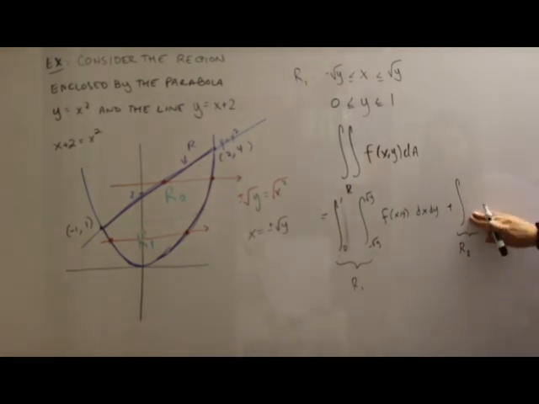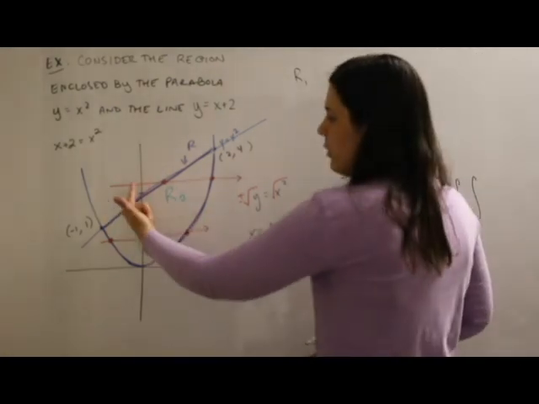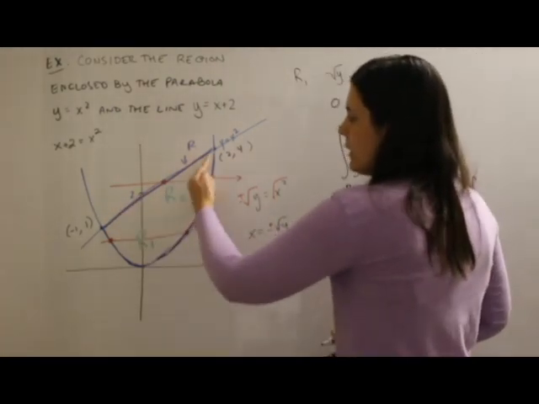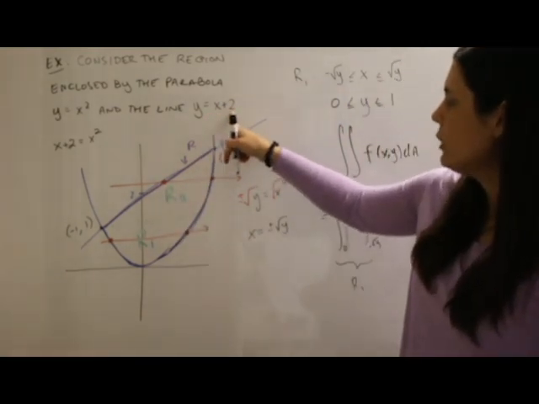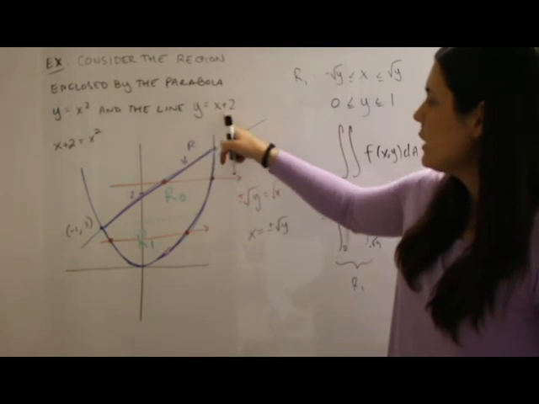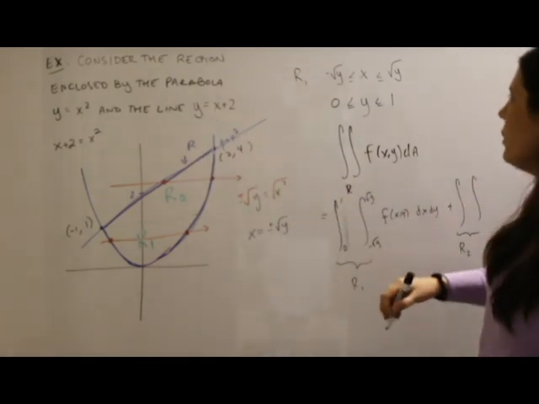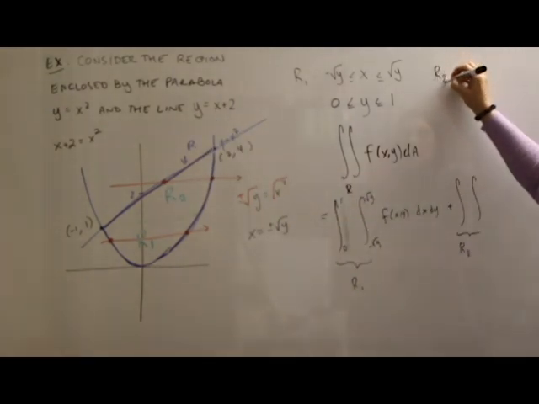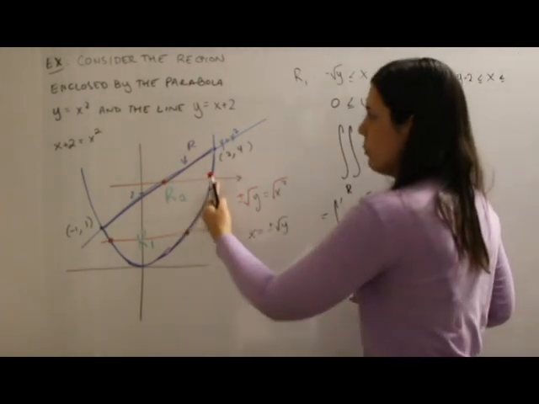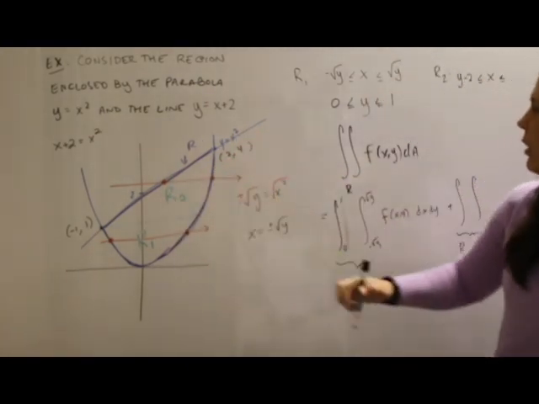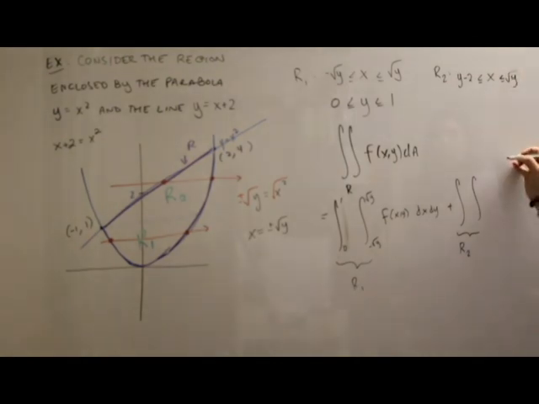Okay, let me give myself some more space here. Now R2, you enter R2 on this line. Well, this line was y equals x plus 2. So if you solve this for x, you get y minus 2. So for R2, we know that x, you enter at y minus 2. And then you exit at the parabola, the positive part of the parabola, so square root y.